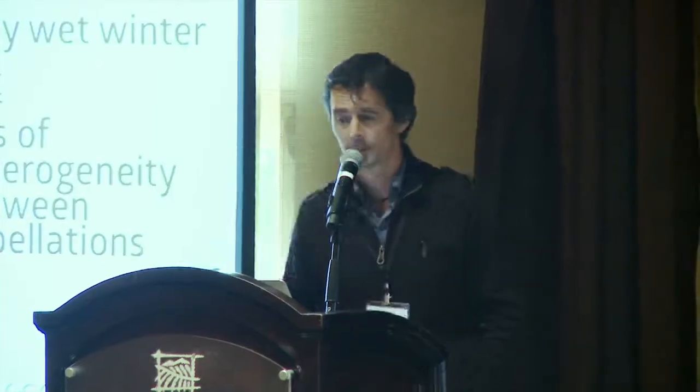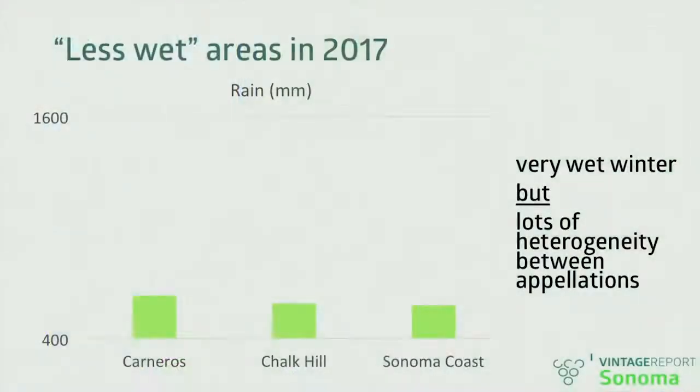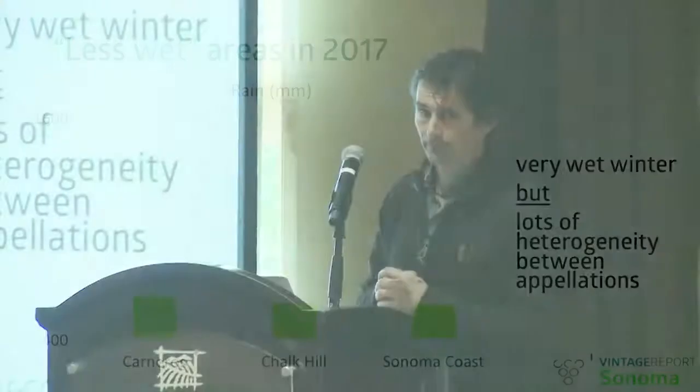But what I'd like to hint at is, even if we know it's a footprint of the year to have had a lot of water, look at what happened in the less wet areas. You see that Carneros, Chalk Hill, and Sonoma Coast, depending upon where you were collecting water, were having still a lot of water, but significantly less than Sonoma.